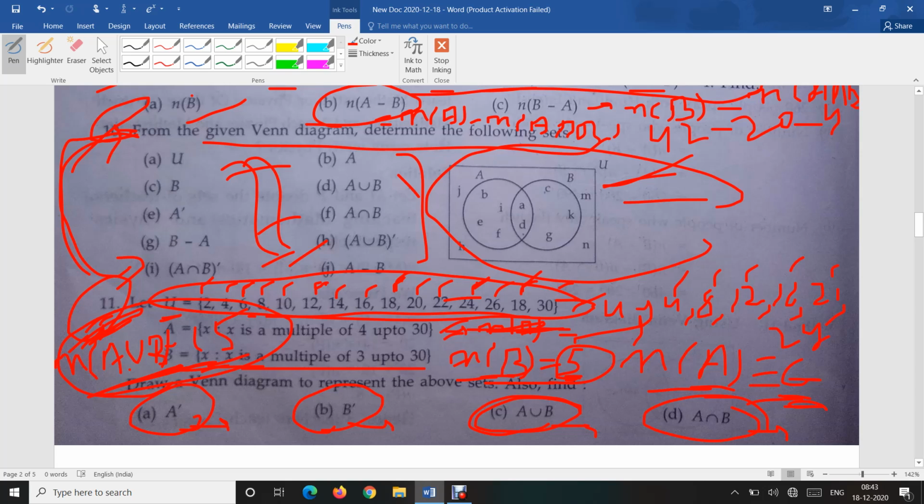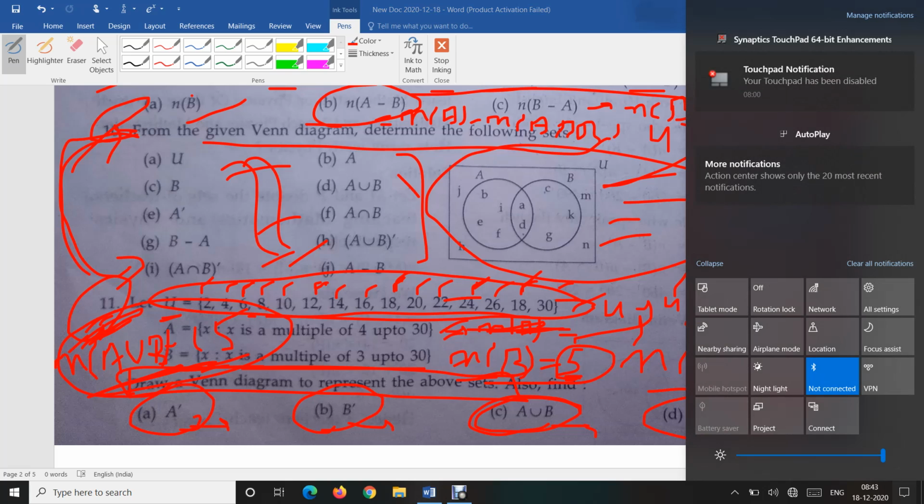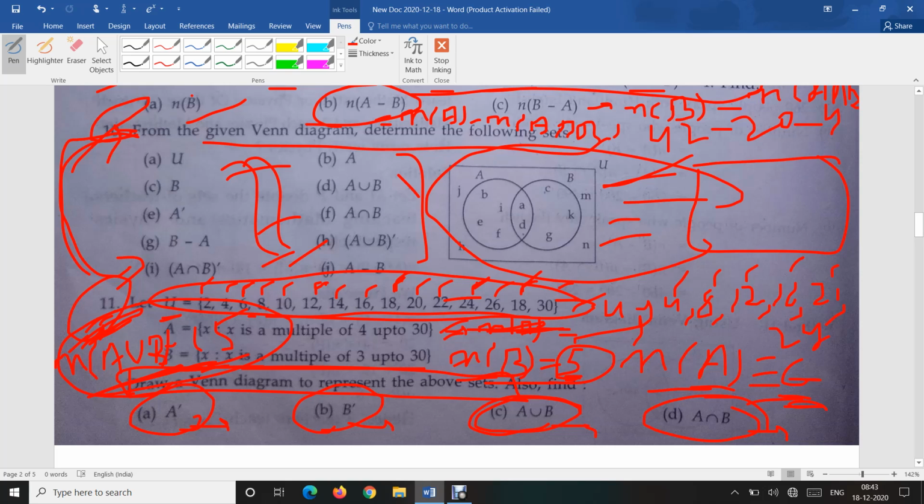Okay, after that you can draw the Venn diagram easily in this way. First of all, you will draw a rectangle, then the number of elements. U is 15, so this will be the portion of 15.